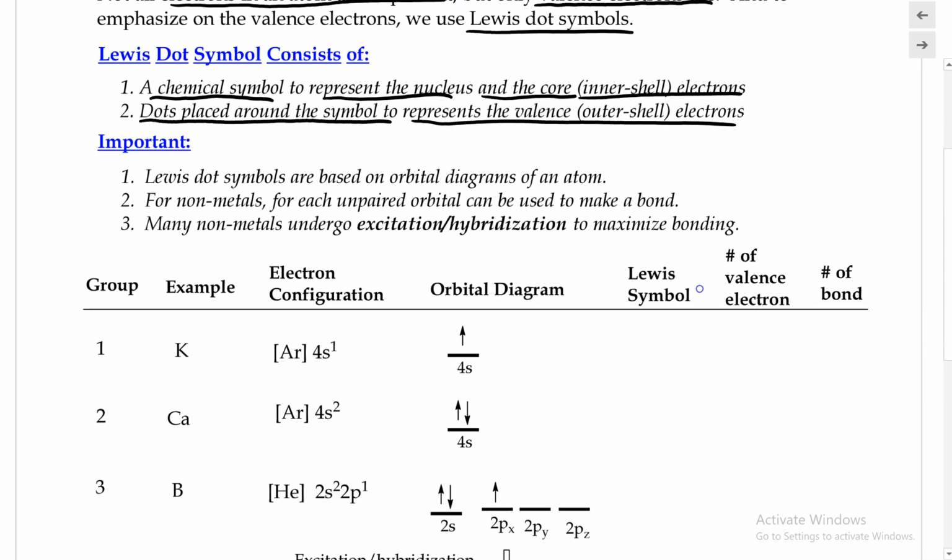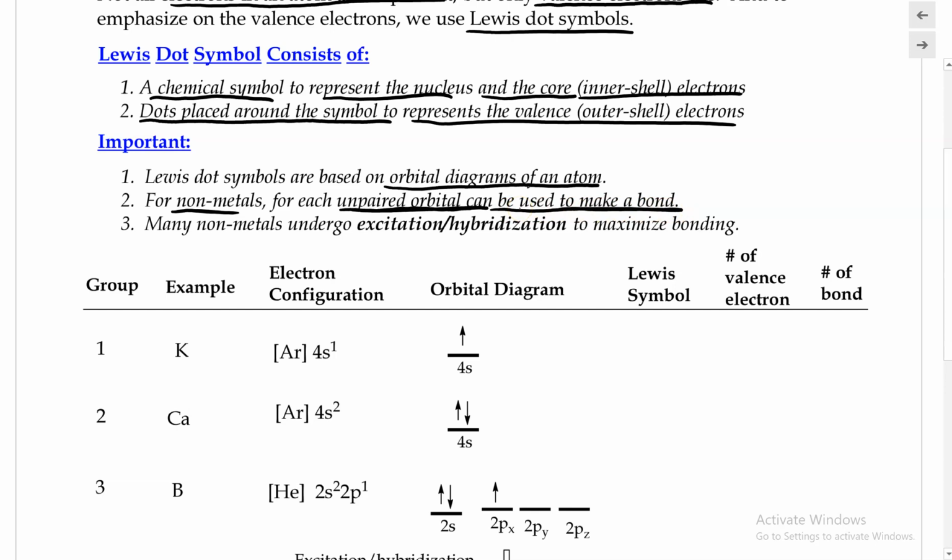Here are a few key points that we need to remember about the Lewis dot symbol. Lewis dot symbols are based on the orbital diagram of an atom, but with emphasis on only the valence electrons. Second, for nonmetals, each unpaired orbital that we can see after we have drawn the Lewis dot symbol would be used by an atom to make a bond.